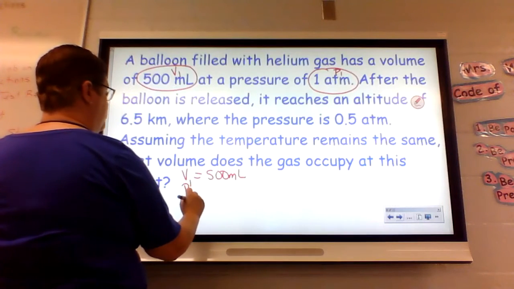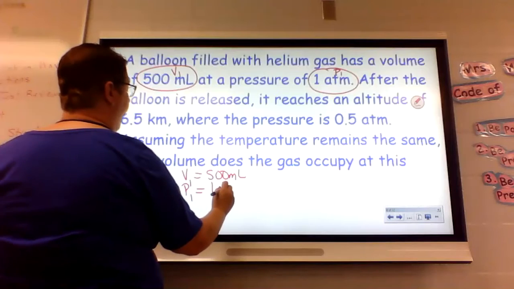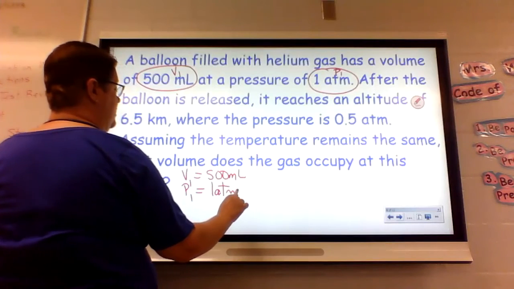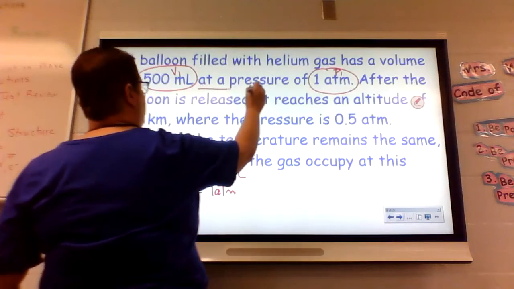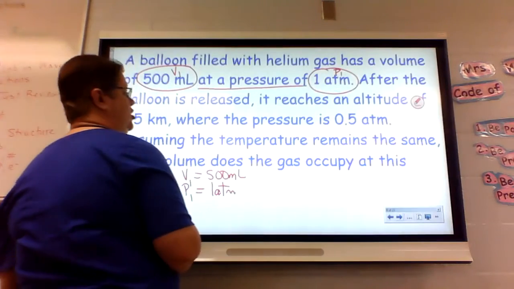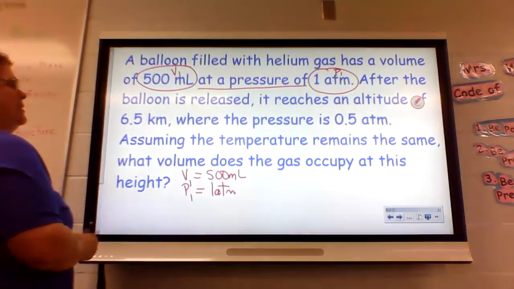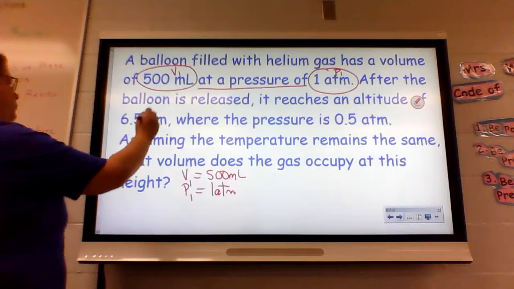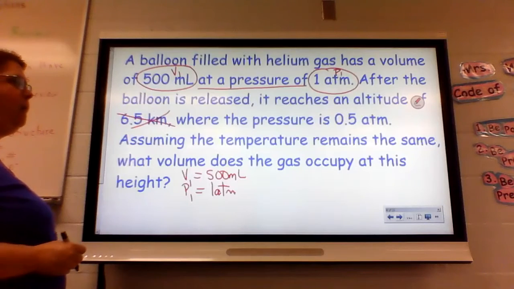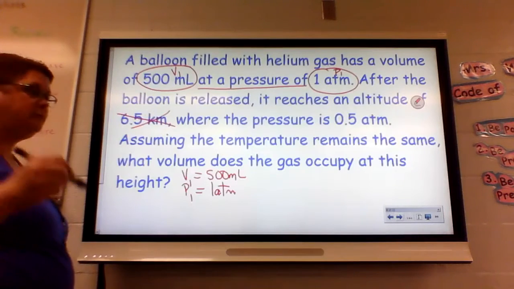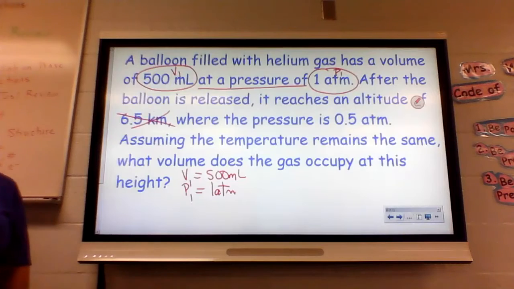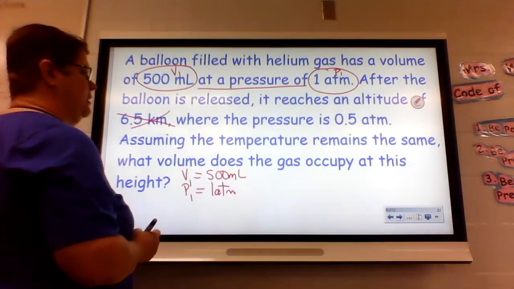And P1 is 1 ATM. See how it says in the question, at a pressure of 1? Do I need to know the altitude? No. That's why I didn't look at it. Now, they might give you all kinds of junk. It's not important. All right, what else do they give us?